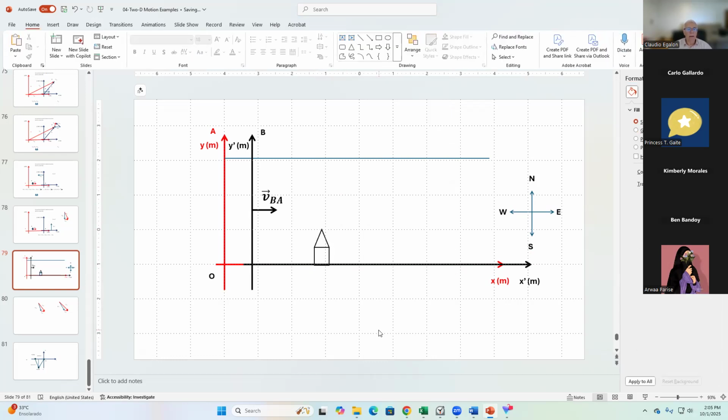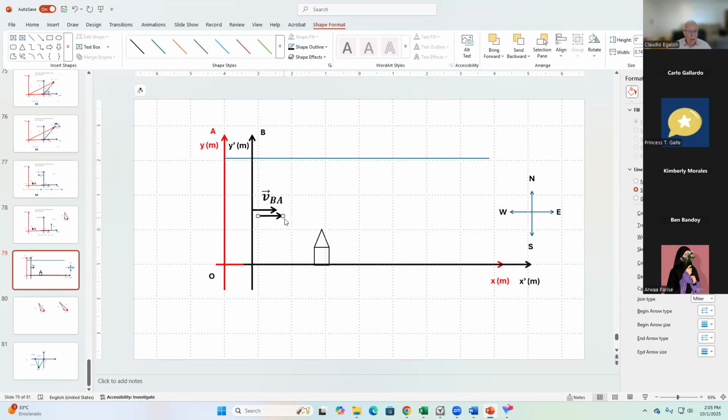Yeah, good. Like I said before, if my boat keeps pointed, and don't forget, what I mean by my boat keeps pointed in this direction, it means that its velocity vector is going to be pointed towards the north.